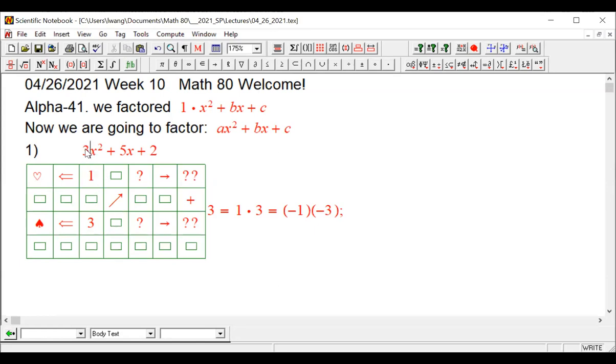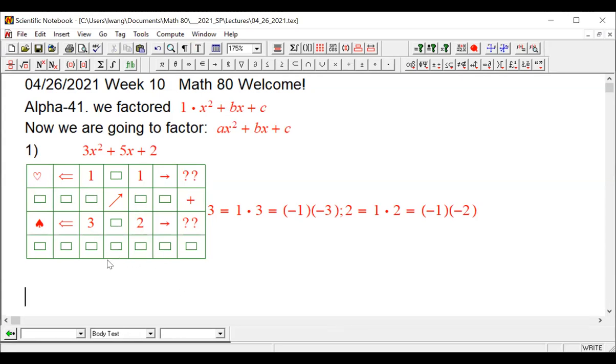And 2 is equal to 1 times 2, positive 2, or negative 1 times negative 2. No other options. So I'm going to try 1 times 2.